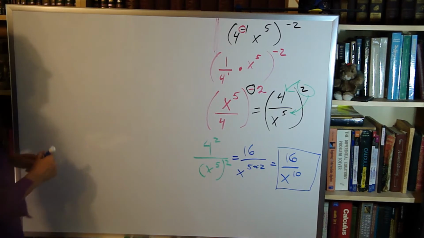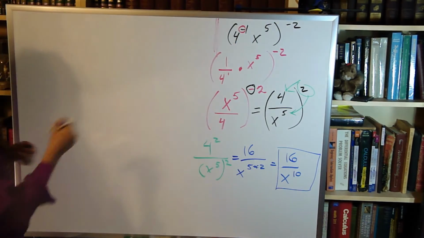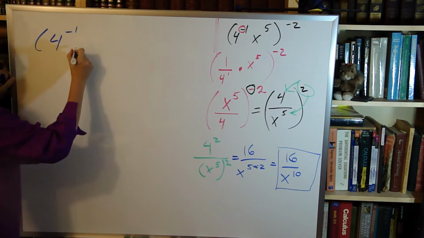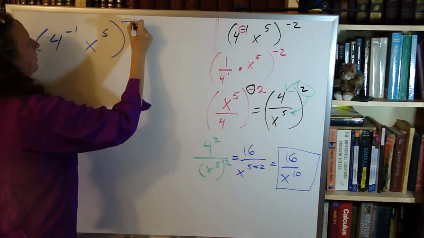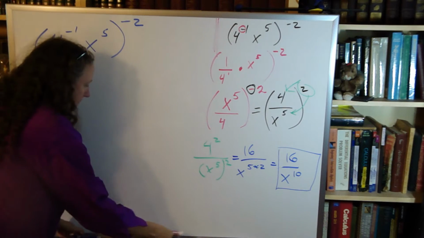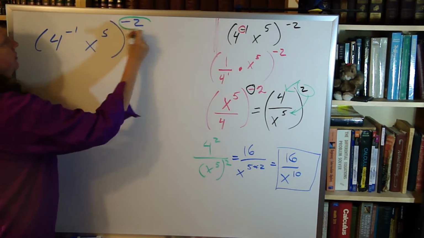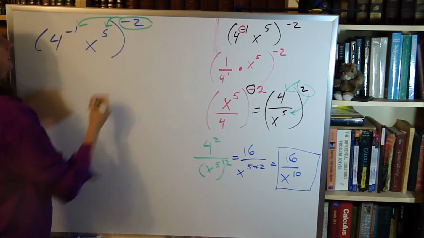With the second one, I'm going to distribute my -2 in right away. So we are starting out with 4 to the -1, x to the 5, all being raised to the -2. So I'm going to take that -2 and distribute it into each of those.